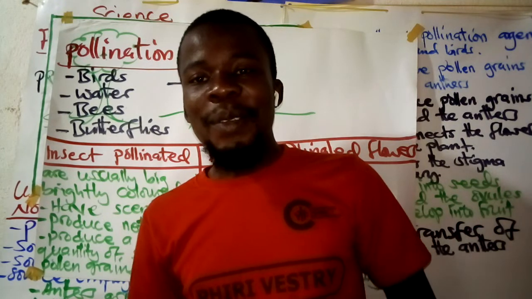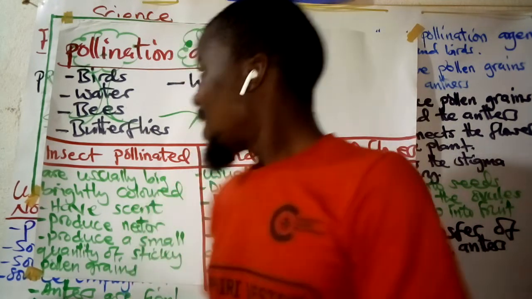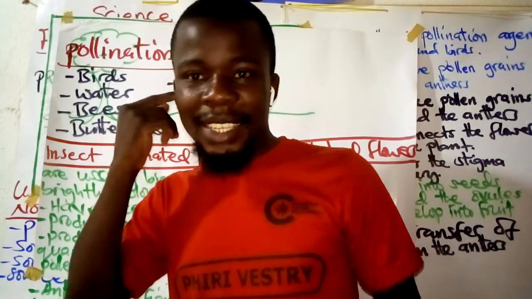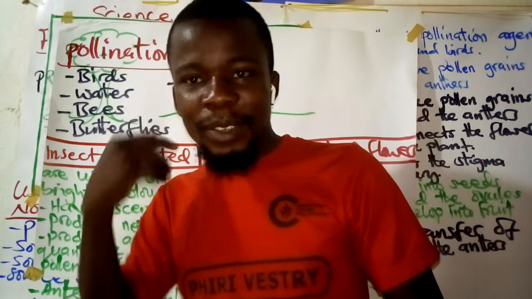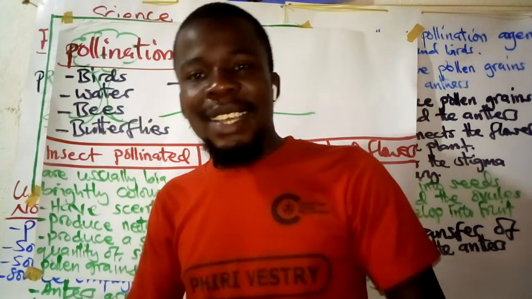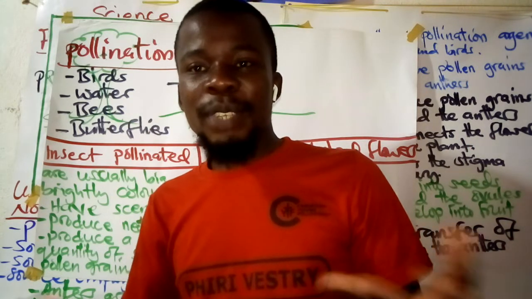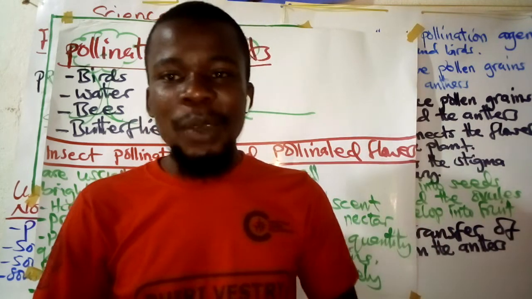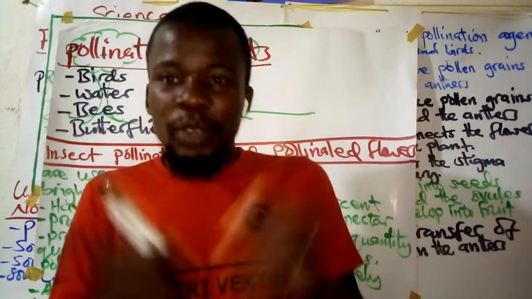Remember, we have discussed the structure of a flower. We've discussed the flowering and non-flowering plants. We've said the flowering plants are the plants which produce flowers. On the other hand, we have got the non-flowering plants, which are the plants which do not produce flowers.